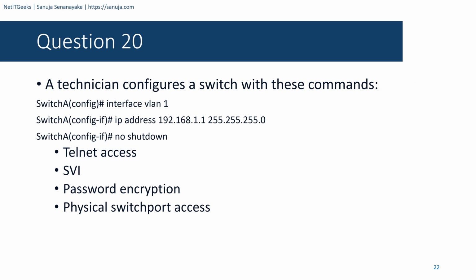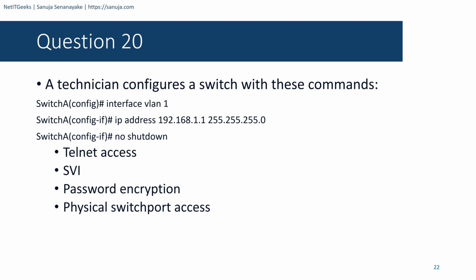Question number 20. A technician configures a switch with these commands. So these are the commands that we have. The technician gets into switch A and enters interface VLAN 1, or INT VLAN 1, enters the IP address with the subnet mask 255.255.255.0, and then enters no shutdown.